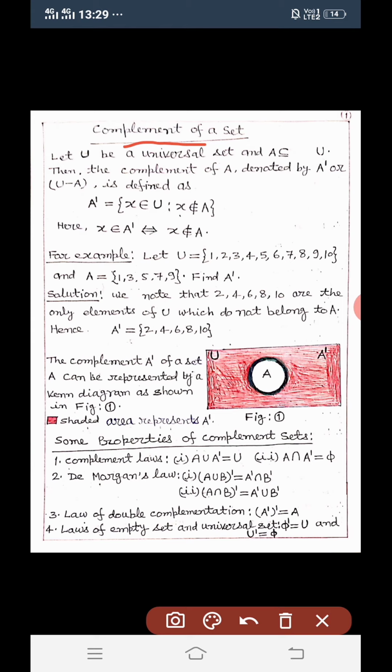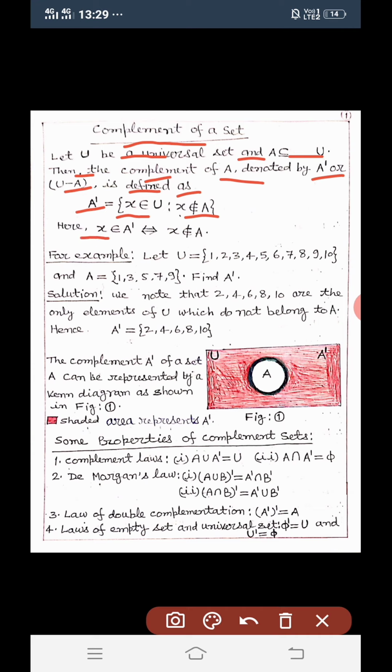Let U be a universal set and A is a subset of U. Then the complement of A, denoted by A dash or U minus A, is defined as A dash equal to {X belongs to universal set U such that X does not belong to set A}.